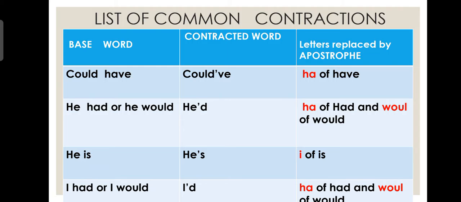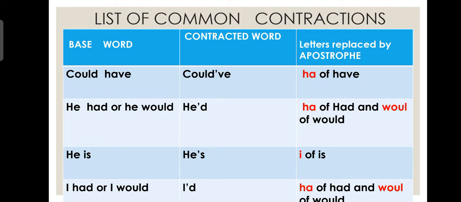The letters HA of have are removed, and these are replaced by the apostrophe mark to make the contracted form. Next word is he had or he would. For both, the full form of this word has only one contracted form, and that is he'd.